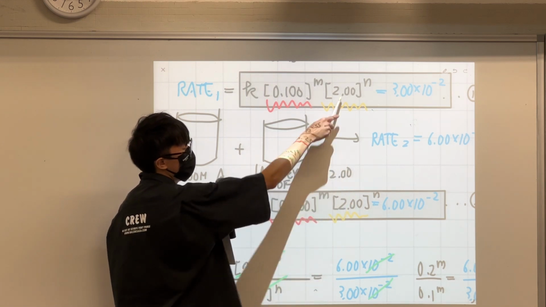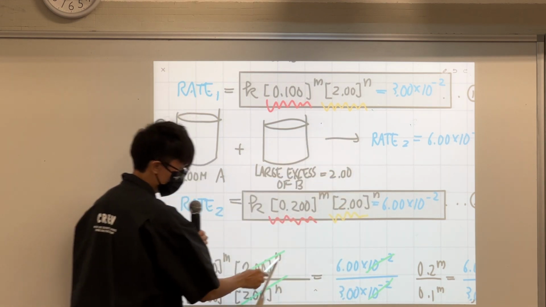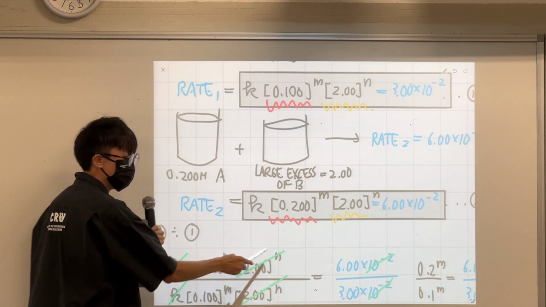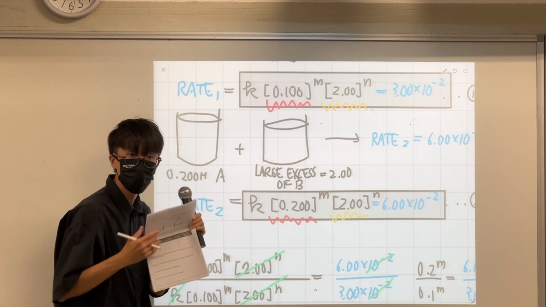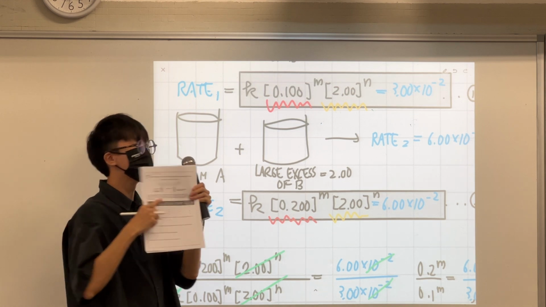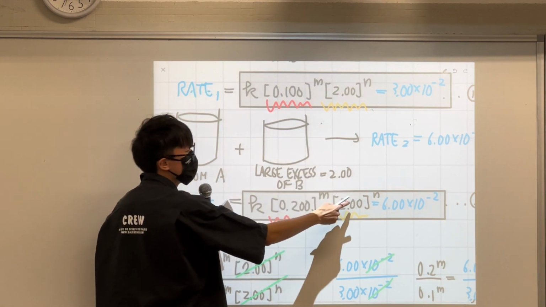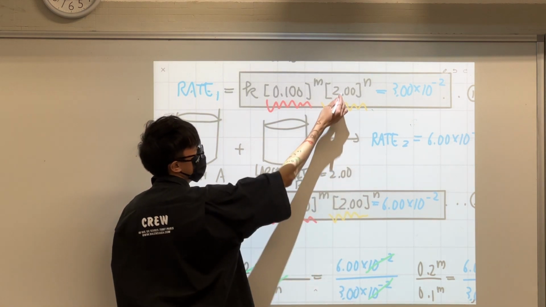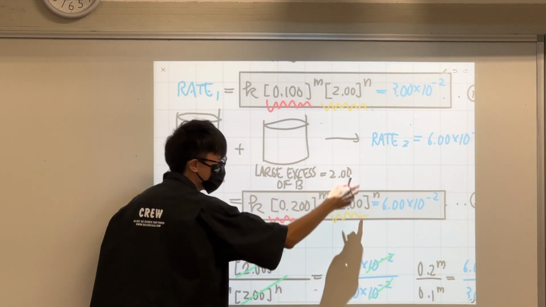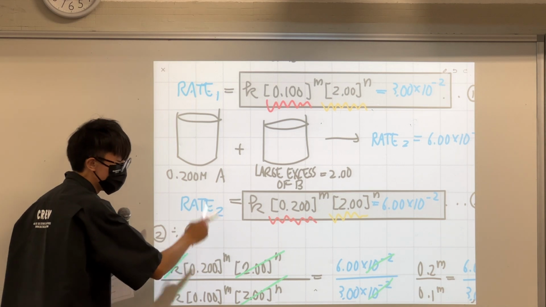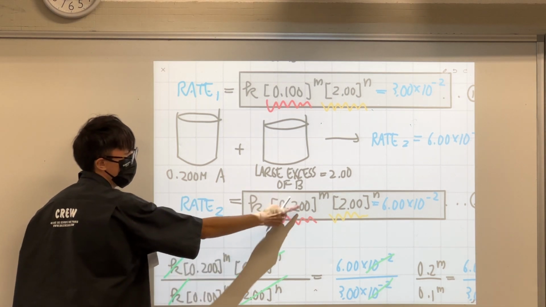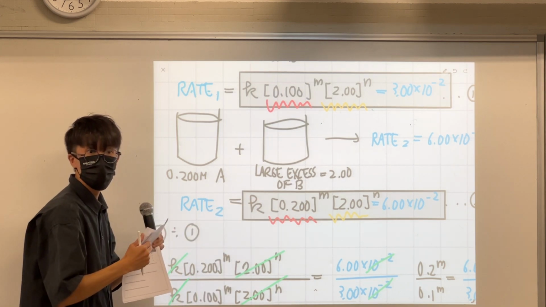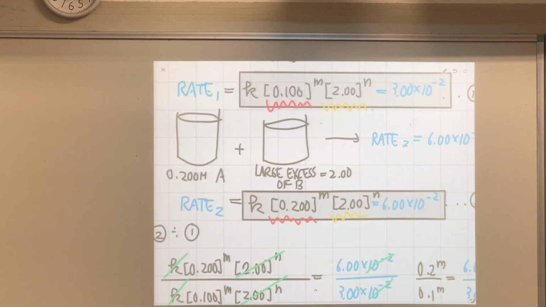Because if they are different, you will not be able to cross out this term at the end, there will be 2 unknowns, and this equation will not be solvable. So you will just say, because we want to make the concentration of sulfuric acid constant, the 2 and 2 mean they are constant, so that the order with respect to the other reactant, thiosulfate, can be found. So that's for part A.